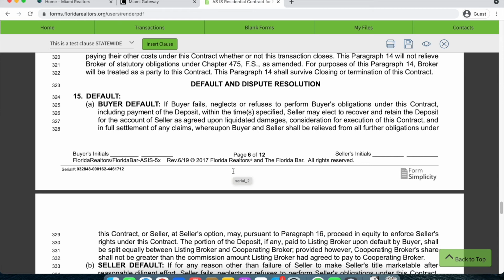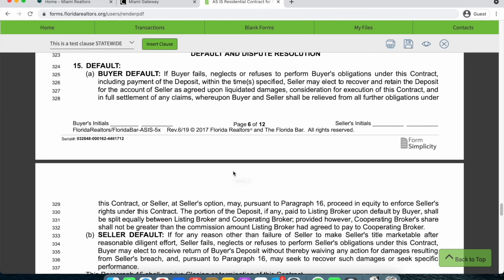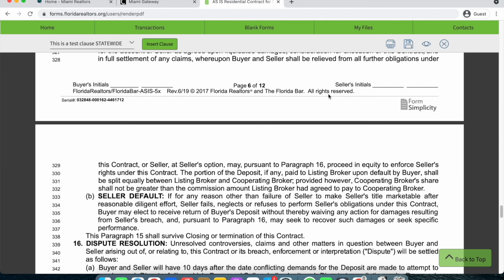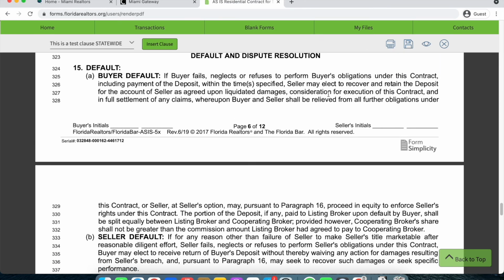Default and dispute resolution. I know earlier I told you that everybody, both buyer and seller, has obligations. This lays out the buyer's obligations under the contract, what would constitute a default. And just so you all understand, if either side defaults, obviously the other side can bring suit.